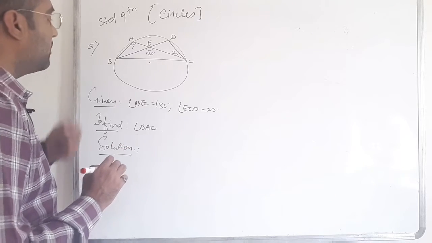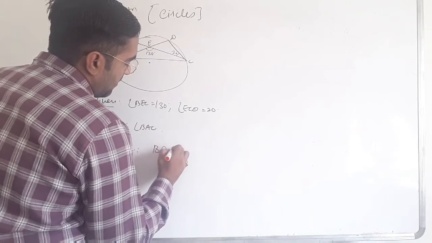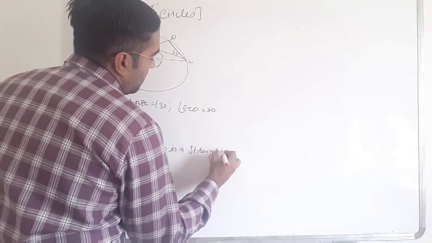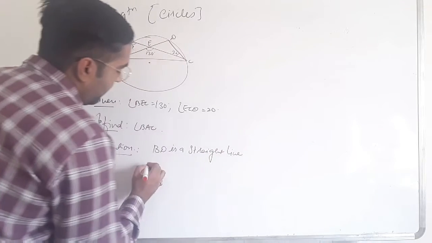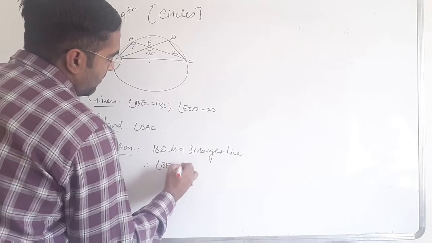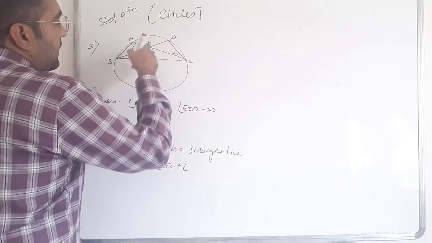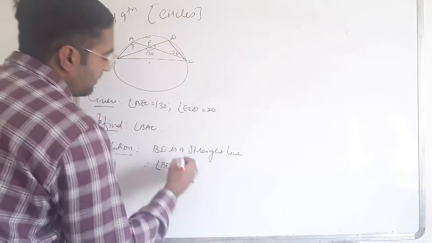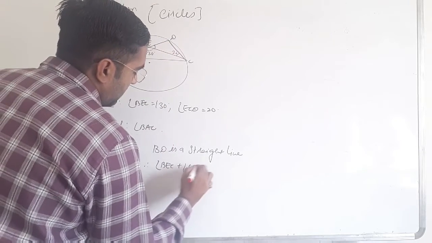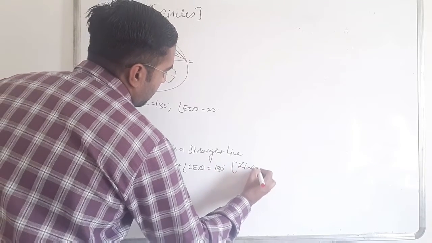BD is a straight line, therefore angle BEC plus angle CED is equal to 180 degrees, forming a linear pair.